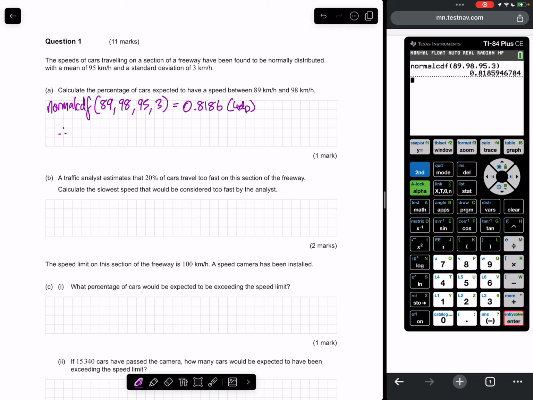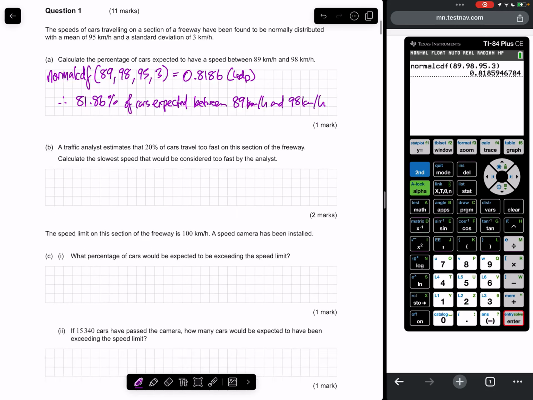So therefore 81.86% of cars expected between 89 kilometers an hour and 98 kilometers an hour.